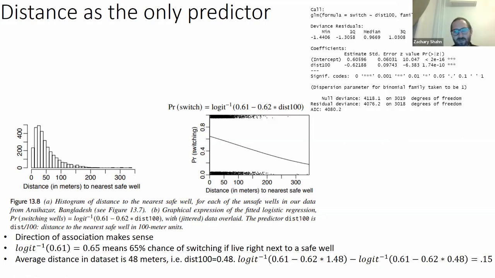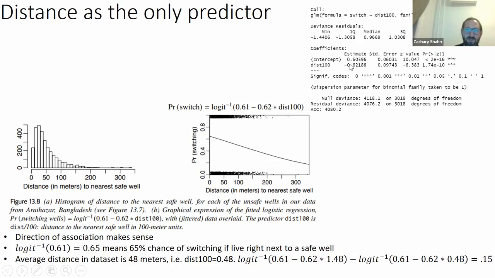So 0.48 for dist 100. And if you are curious what the association between an extra unit of dist 100 and probability of switching is in people at the average, you can look at the probability of switching if you're 1.48, so distance away, that's one above.